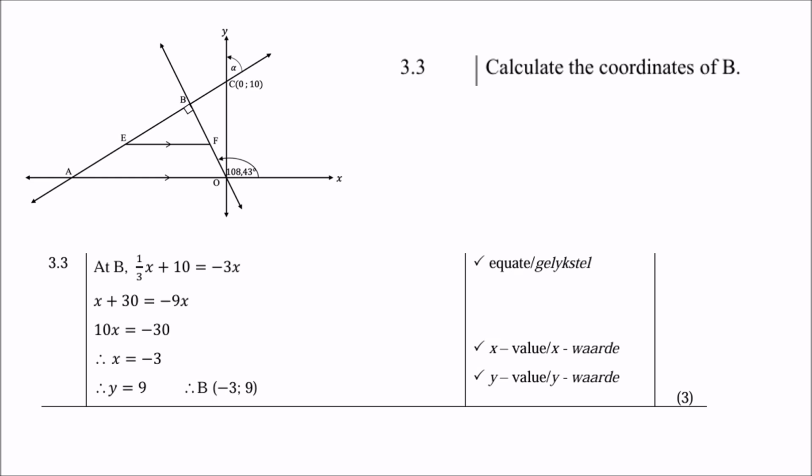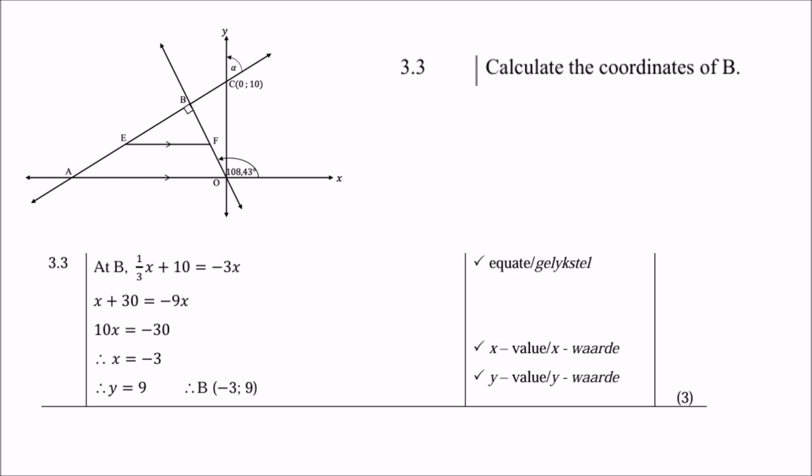So therefore, OB's equation is y equals -3x. So at B is where the two equations are equal, and now you can solve for x. And therefore, x is -3. Then how do you get the y value? Well, you just substitute x equals -3 in any of the two equations, and you'll get 9. So therefore, the coordinates of B are (-3; 9).